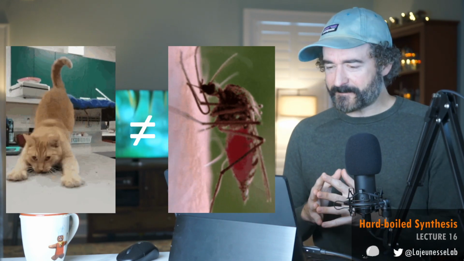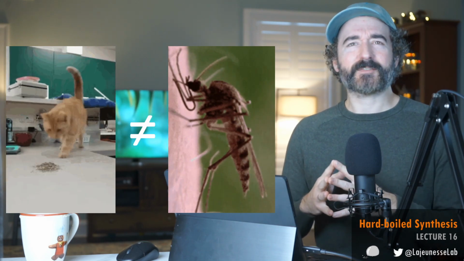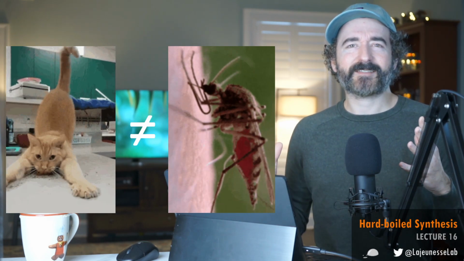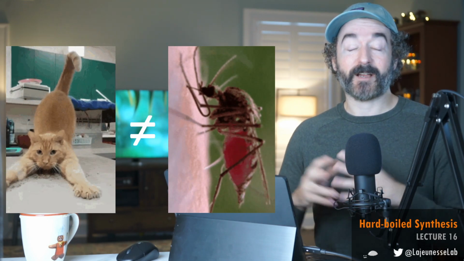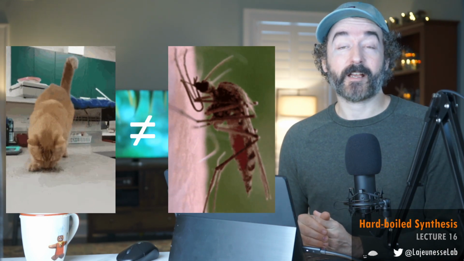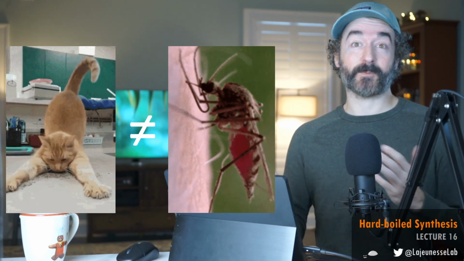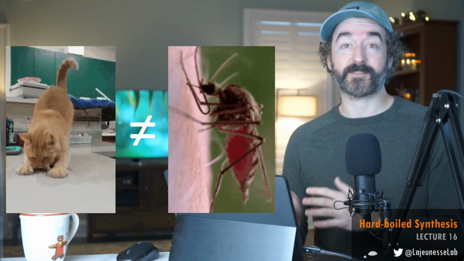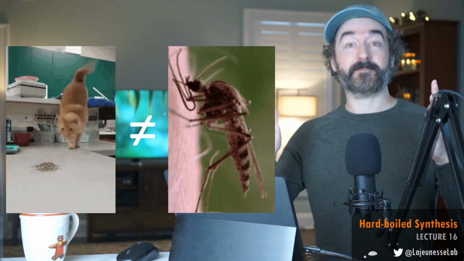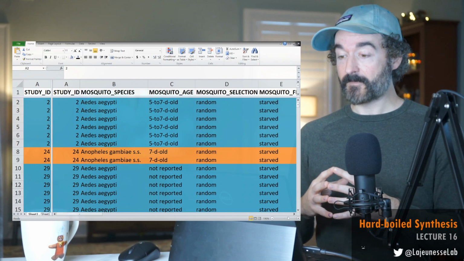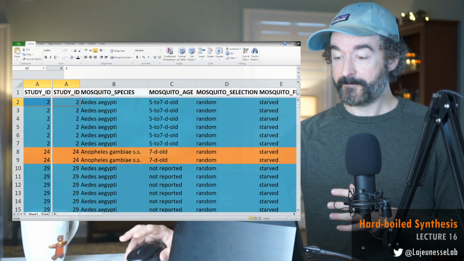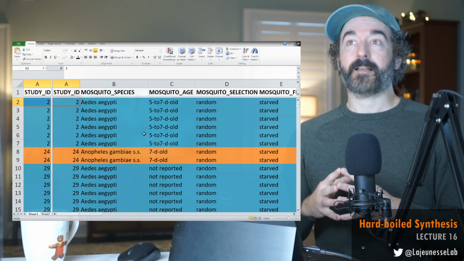All right, well, first things first, let's go to my Excel sheet. If you remember from the last effect size lecture, I was showing you guys how to calculate Hedges' d effect sizes based on the raw data, the means, standard deviations, and sample sizes. I've done that already.